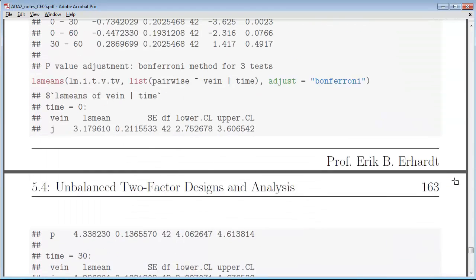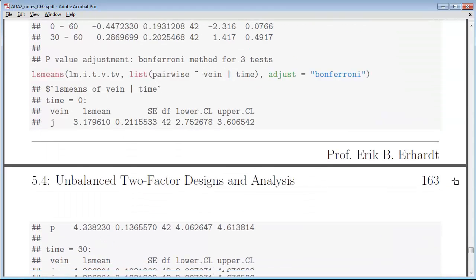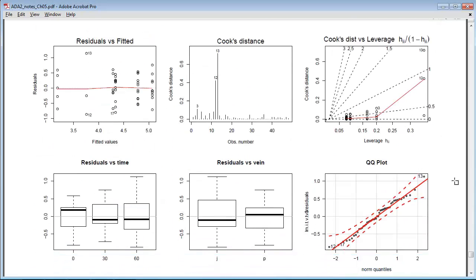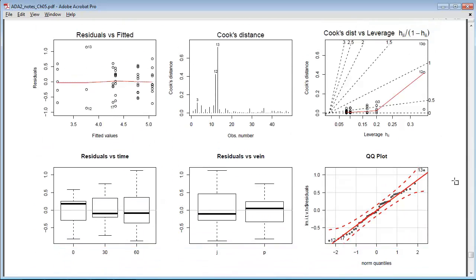Okay, so all of this stuff here is, actually it may not be that important. Here's the residual plots for the full interaction model where the intercept is in there but not significant. And let's see how we do. See this group right here is the one with 3 observations with the large variability, large standard deviation.